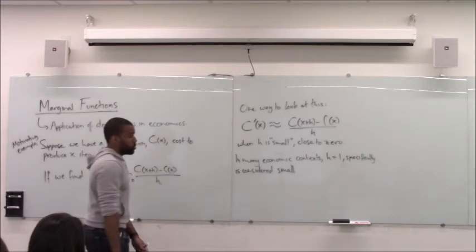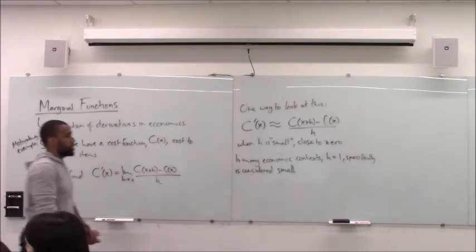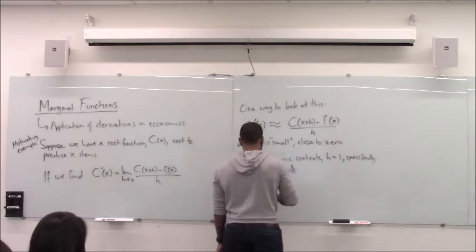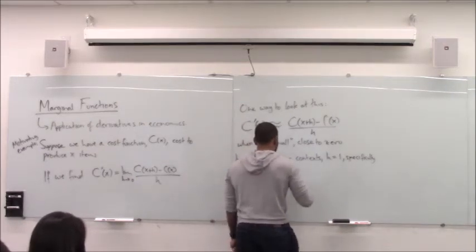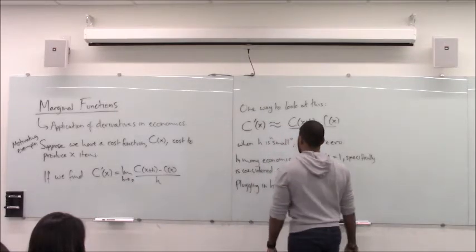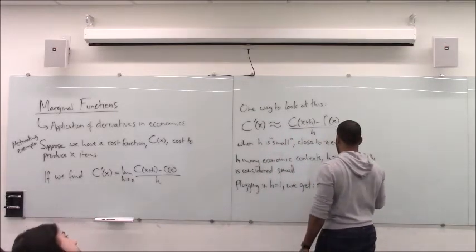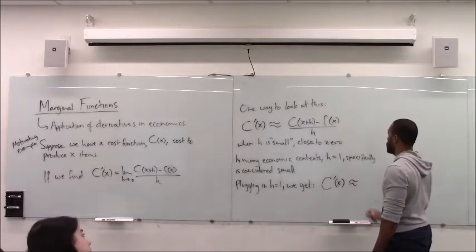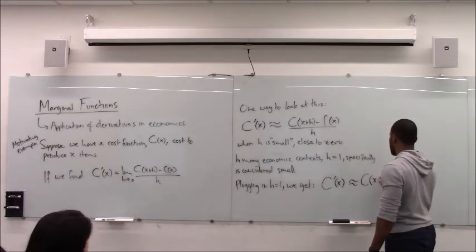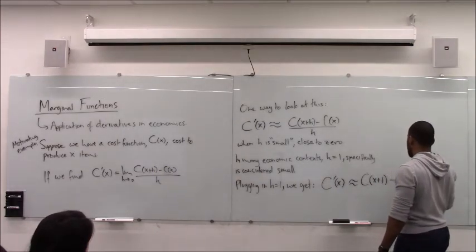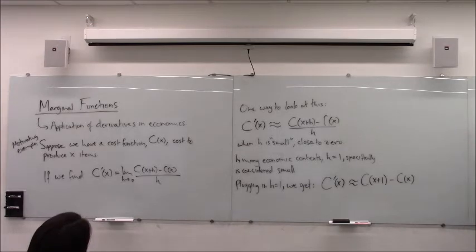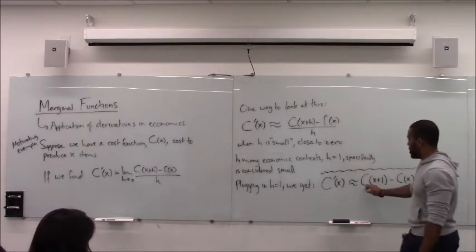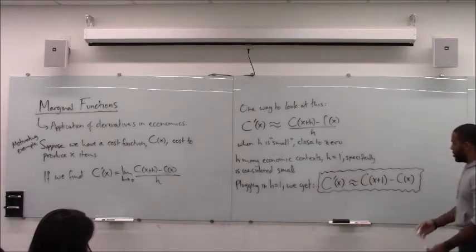So there are contexts in which h equals 1 is considered small, and plugging in h equals 1, we get this expression. The derivative of the cost function is going to be approximately equal to c of x plus 1 minus c of x, of course divided by 1. And this is the main equation where the whole idea of marginal functions came from.